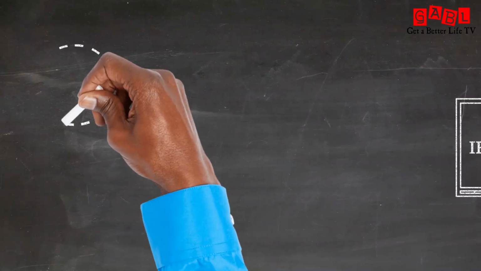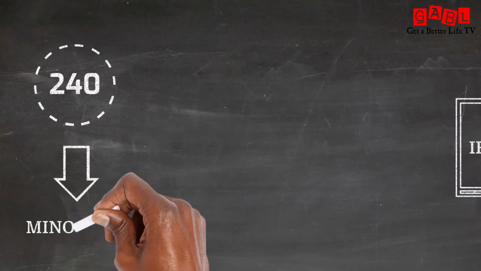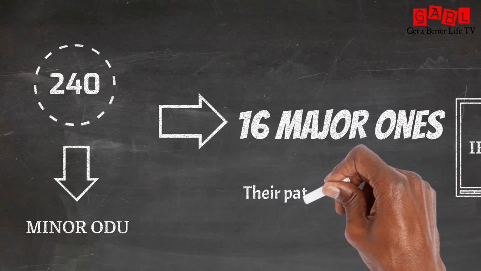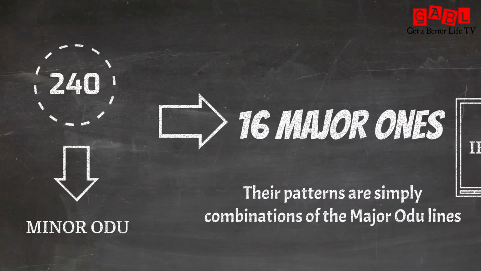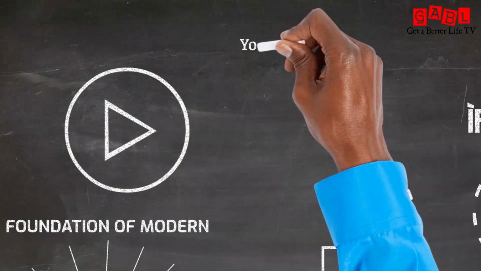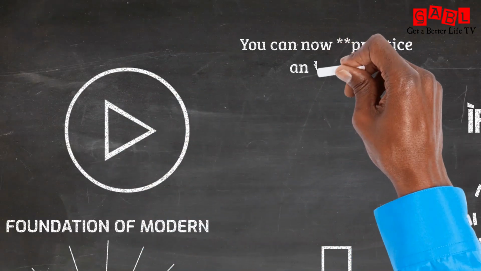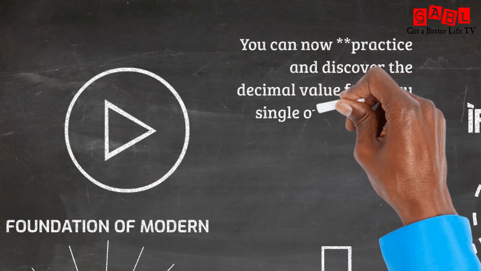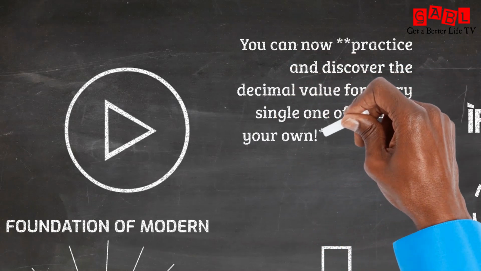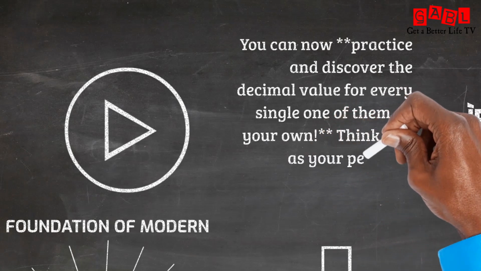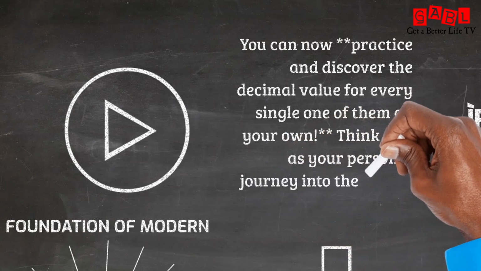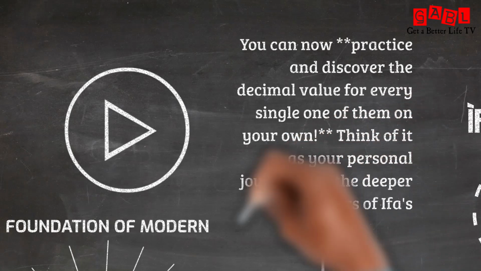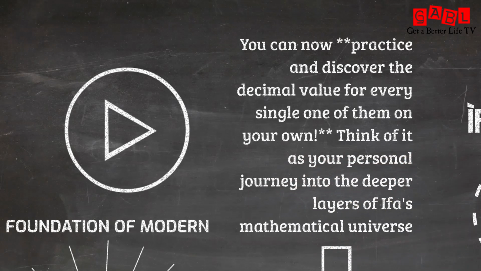While there are 240 Odu combinations beyond the 16 major ones, their patterns are simply combinations of the major Odu lines. Armed with the knowledge from this video, you can now practice and discover the decimal value for every single one of them on your own, that is, the rest of the 240 Odu Ifa. Think of it as your personal journey into the deeper layers of Ifa mathematical universe.